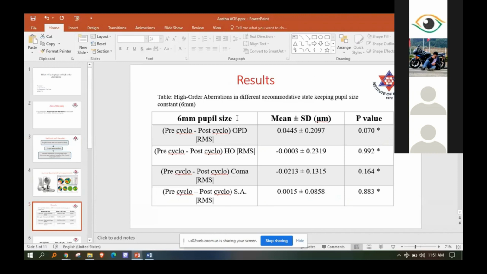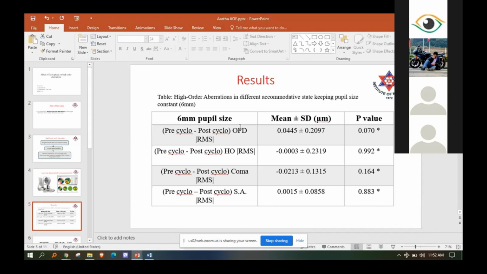The results: comparison of high order aberrations before and after cycloplegia in different accommodative states, pre and post cycloplegia, and the effect of cycloplegia on high order aberrations, keeping pupil size constant. I have recorded two pupil sizes, 6 mm and 8 mm.